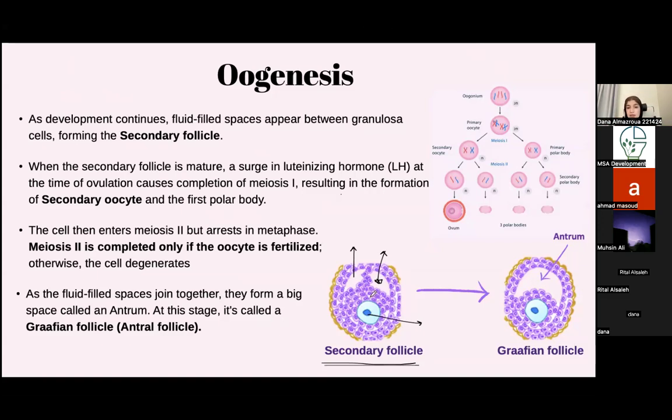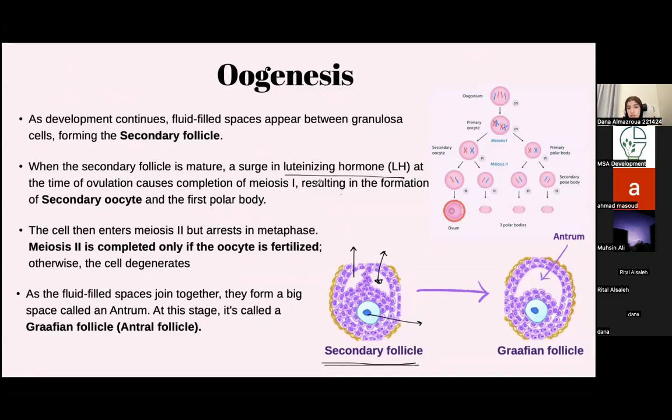Now, when the secondary follicle has matured, there is a hormone in the female body, actually even in males, called luteinizing hormone. It's the hormone responsible for ovulation. So at the time of ovulation, at each menstrual cycle, this hormone is released.